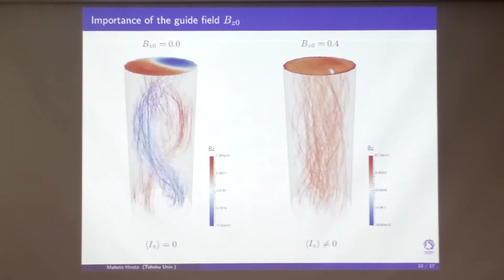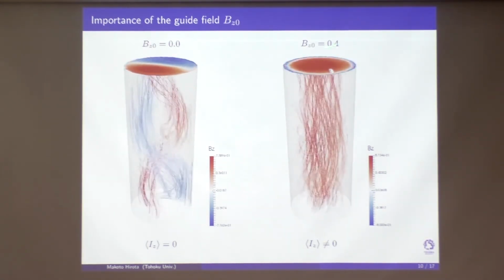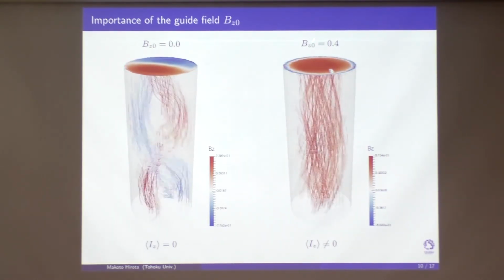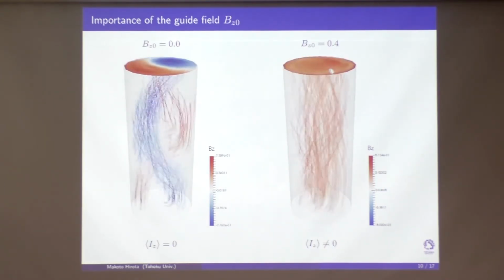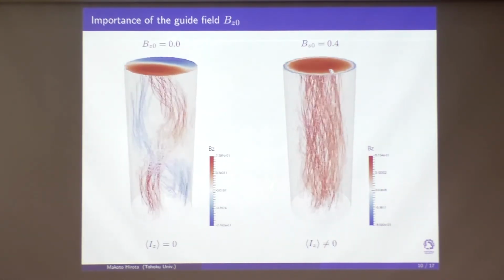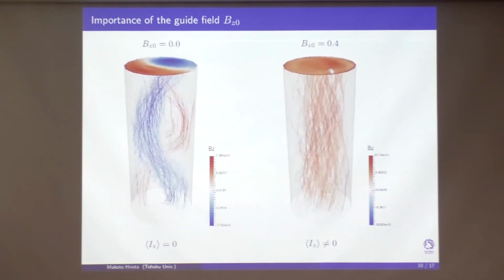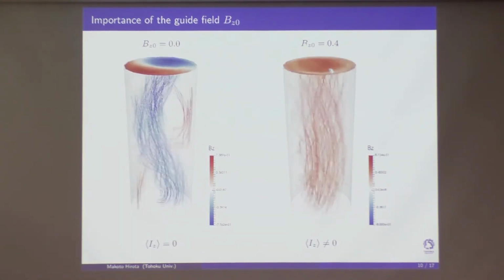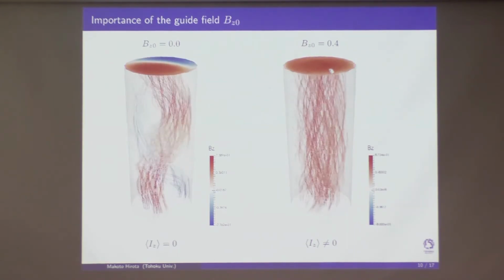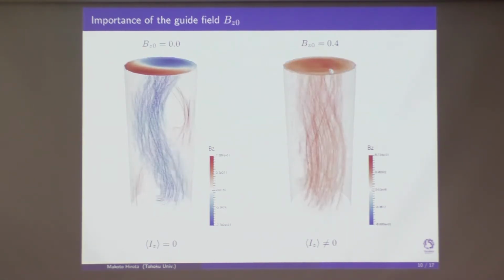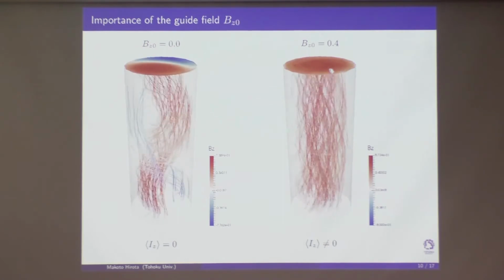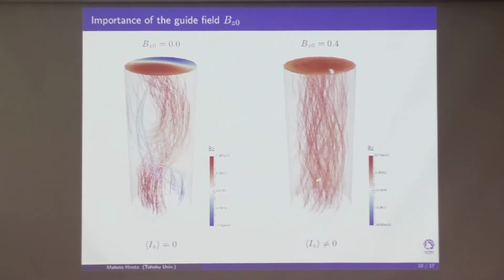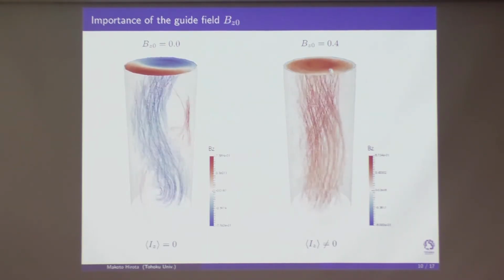So in this study, we find that the existence of an axial magnetic field is very important. We can apply a uniform magnetic field in the z direction as the parameter. If there is a certain magnetic field, at 0.4, we can observe the axisymmetric relaxed state. In this case, the DC current is directed in the z direction.